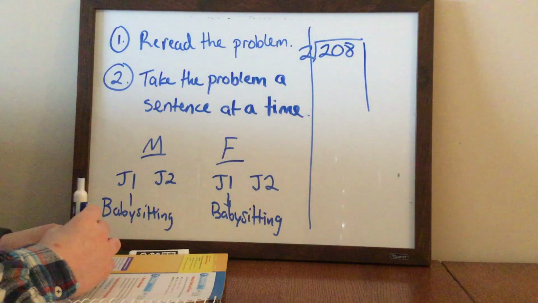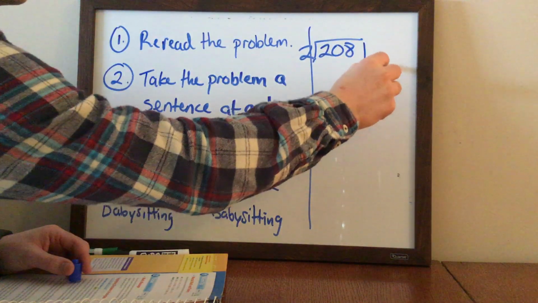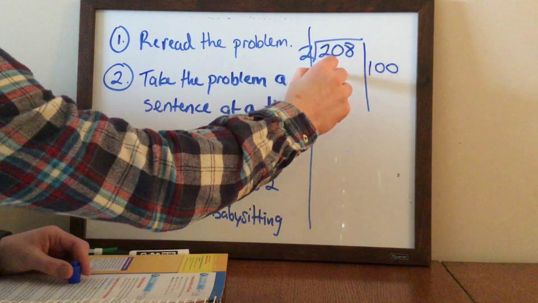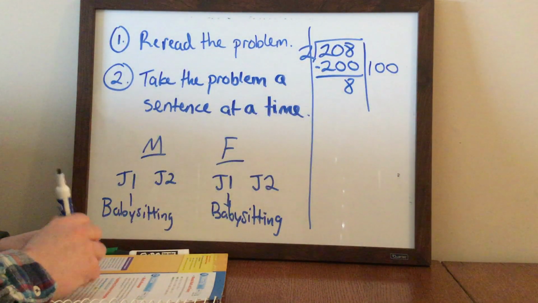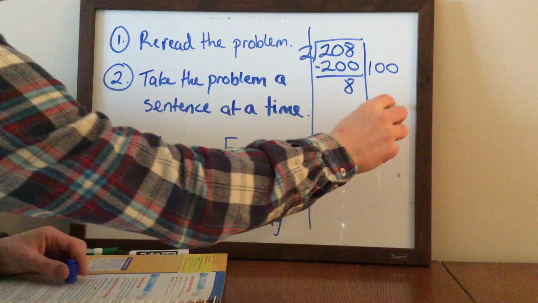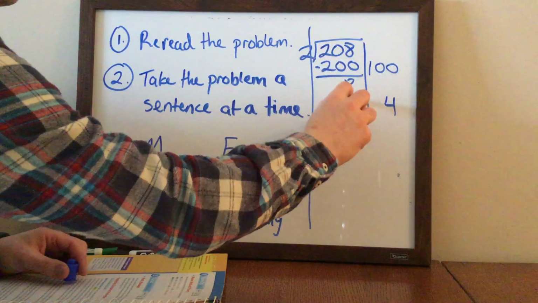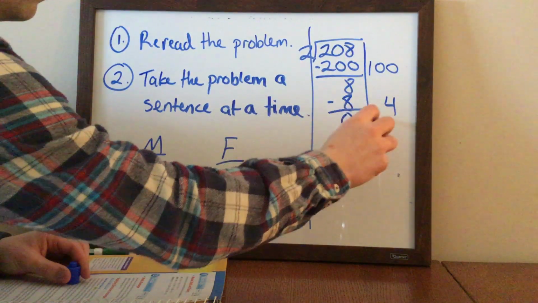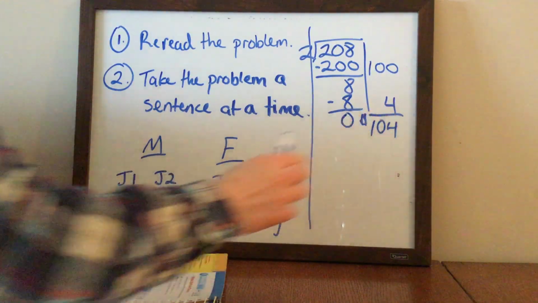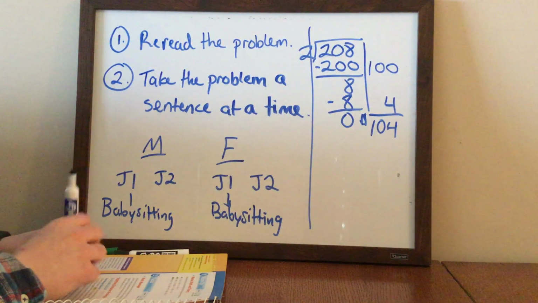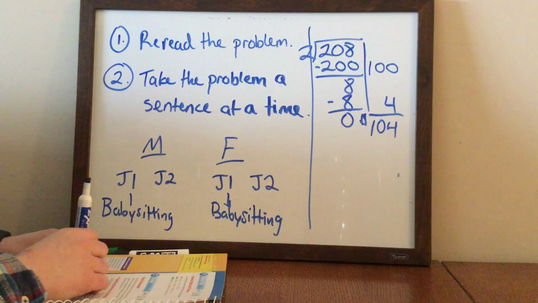I know 2 goes into 208 at least 100 times, because that's 200, with 8 left over. And I know 2 goes into 8 4 times, because that's 8. So that means that each girl would get $104 per week. They don't want to know how much it pays per week. They want to know per hour.